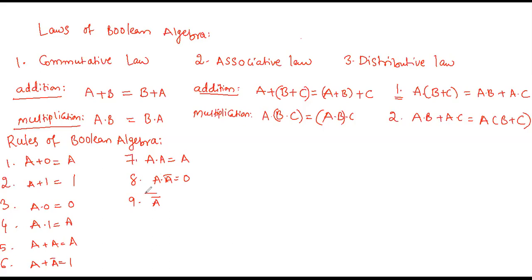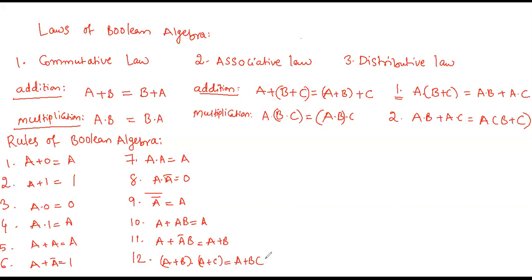A bar bar, A. 10th one, A plus AB is equal to A. 11th one, A plus A bar B is equal to A plus B. Next, A plus B into A plus C is equal to A plus BC.